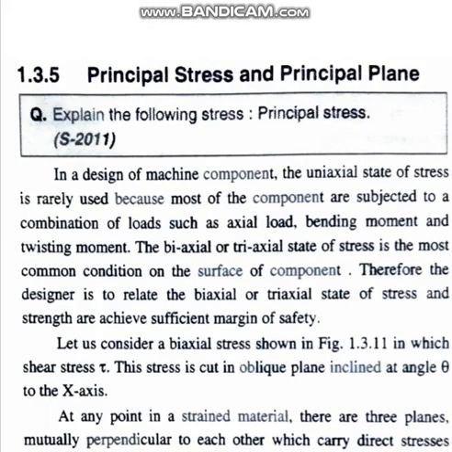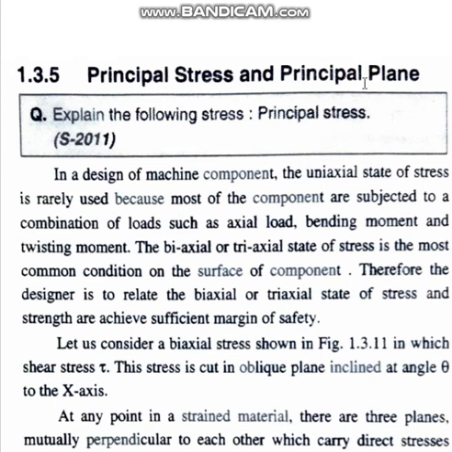Coming to the next topic, we come to principal stress and principal strain. If you take one machine component, there can be a tensile force, from some other side there can be a compressive load, and in some other direction a shear load may be coming, or a number of such loads.